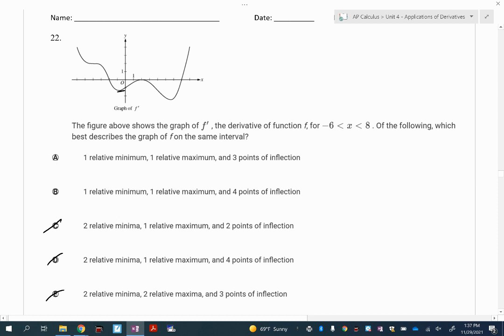It looks like we have one here, one here, and one there. So that's 3 spots where the derivative of the first derivative is actually 0. That's 3 points of inflection for number 22, so number 22 is A.